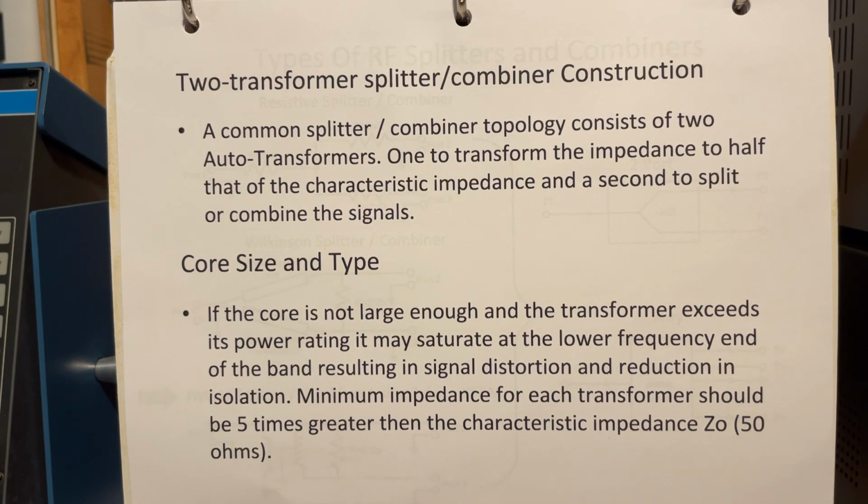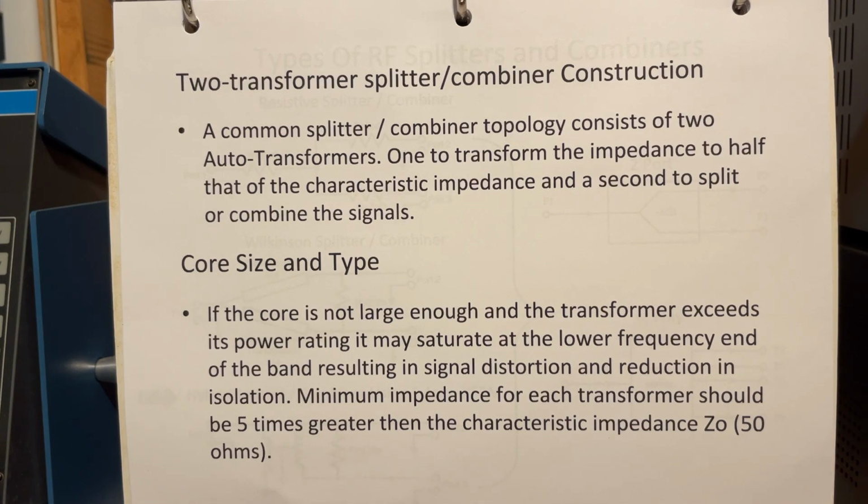Just wanted to add another note here that if our core size is not large enough, what we would typically see is the core may be saturated, particularly at lower frequencies, and this can cause signal distortion and reduction in isolation and harmonics.